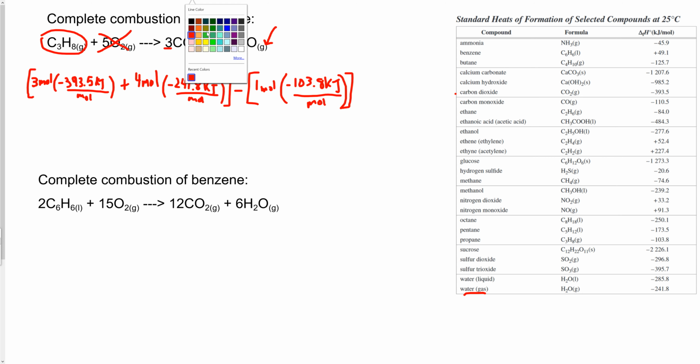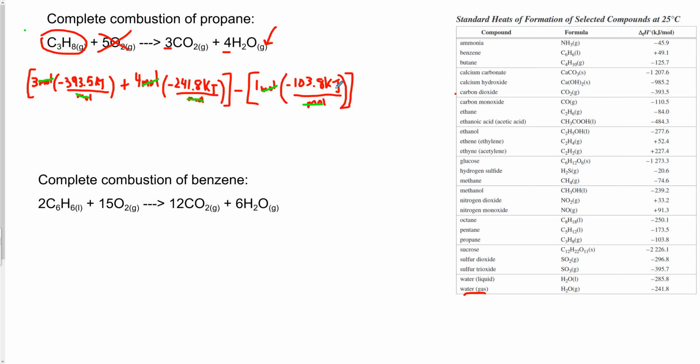So 3 moles, so mole cancels out mole, mole cancels out mole, mole cancels out mole. Which means that at the end of the day, all of these are going to be in kilojoules, which is right. That's what we want. So we have 3 times minus 393.5 plus bracket 4 times minus 241.8, and then minus negative 103.8.